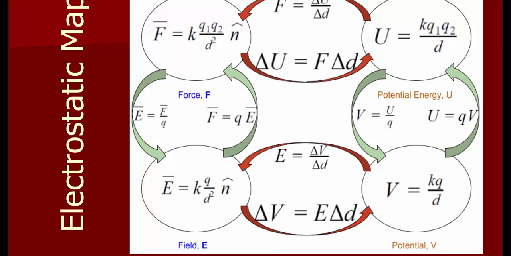It can look different depending on how you decide to express direction, or the problem decides to express it. So you have to be careful when going from vectors to scalars or scalars to vectors, because technically these formulas, like F equals delta U over delta D, should technically be derivatives, a derivative to go this way and an integration to go that way.